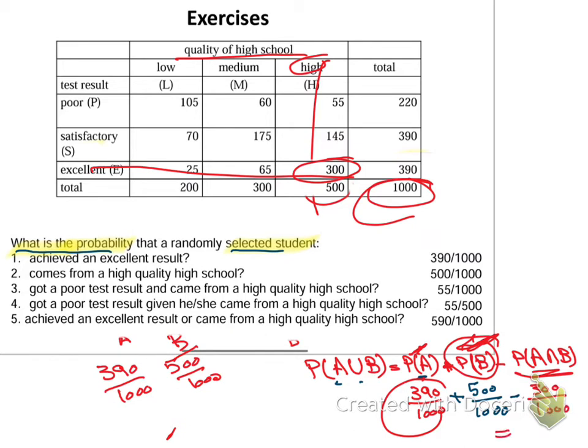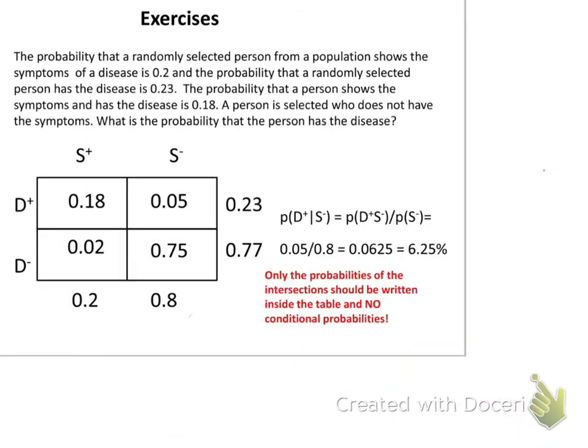So the total will be 390 plus 500 equal 890. 890 minus 300 equals 590, and the denominator would be the same, 1000. So my answer would be 590 divided 1000. I hope that this one is clear.